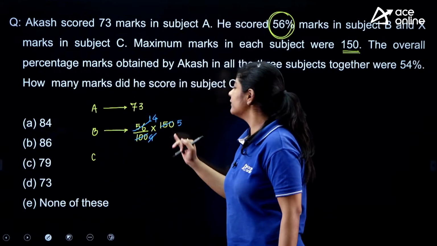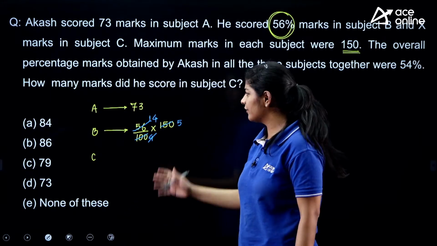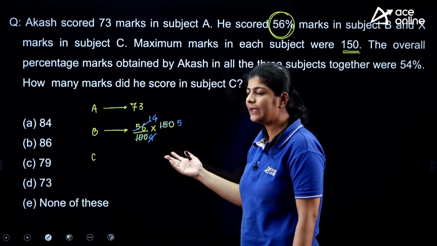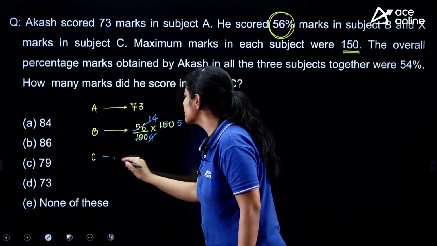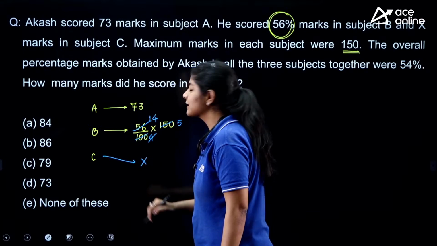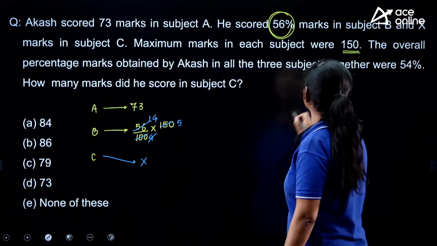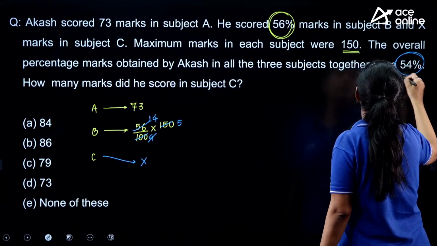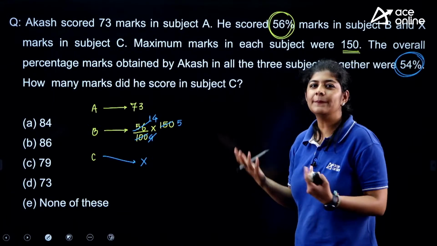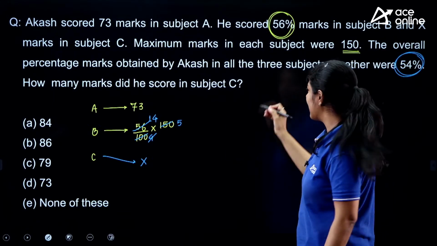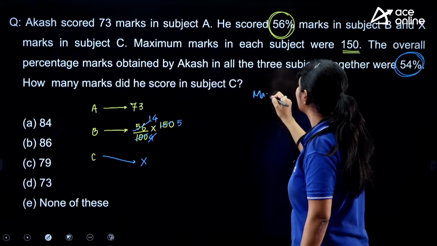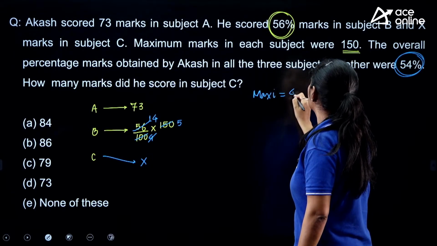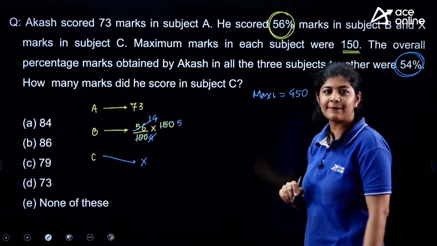Now, with the help of this, are we able to get the answer of how much marks were scored by B? After that, the question is saying that C secured X marks, but overall he is securing 54% marks. So the maximum marks we are having is 450. Right? This is the maximum score.